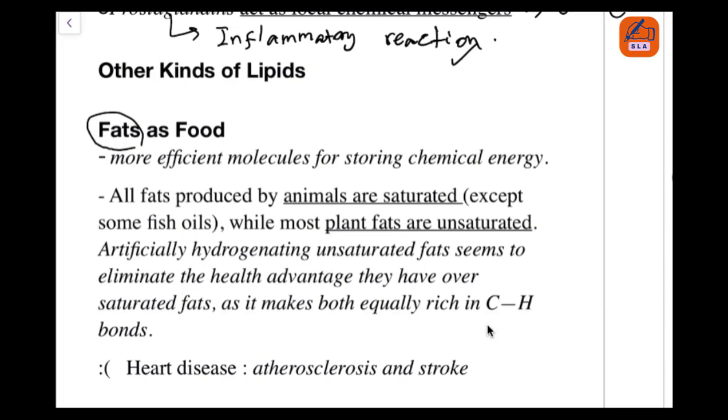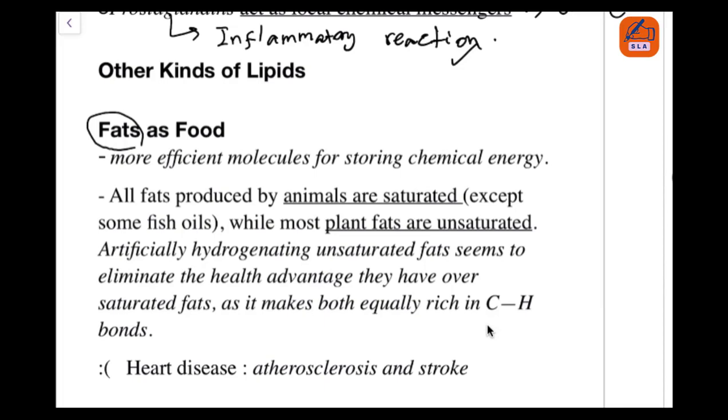We know that the basic, common source of energy in our body is glucose, and that comes from carbohydrates. Yeah? Cool. But you have to know that most of the fats contain very long carbon chains.